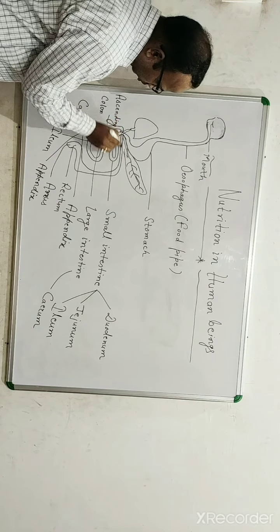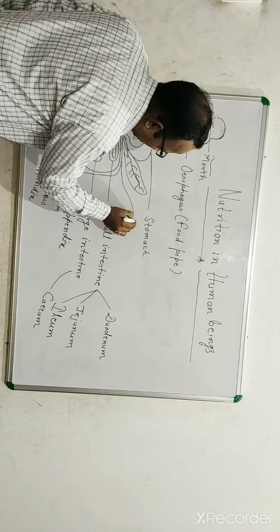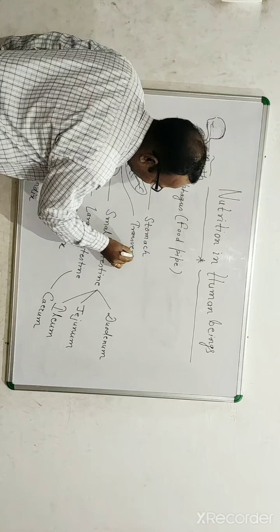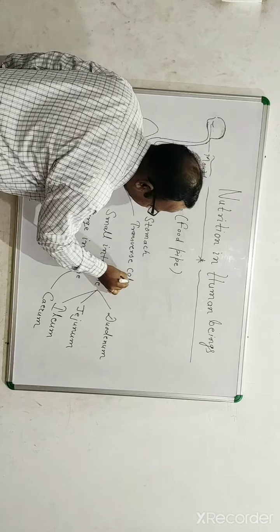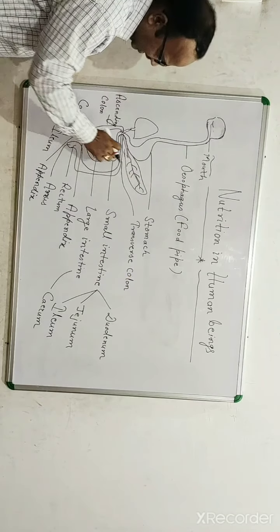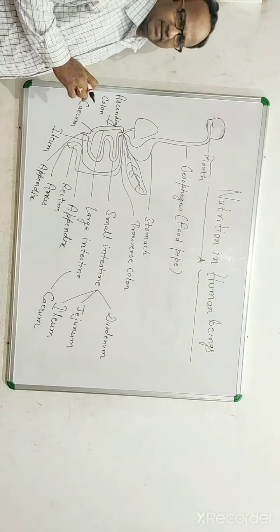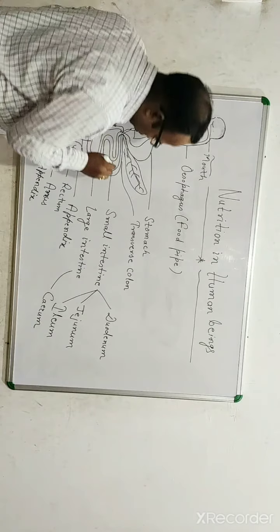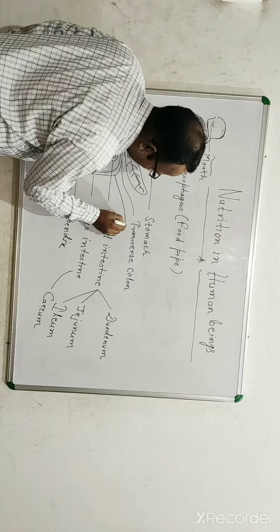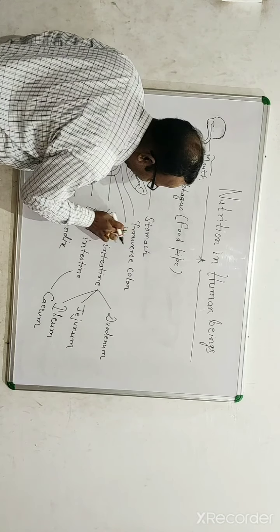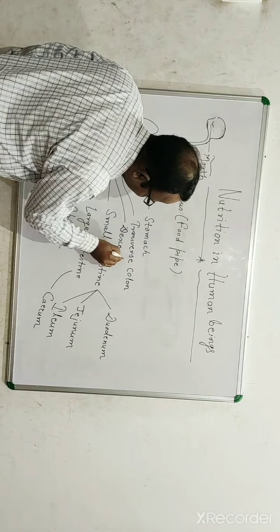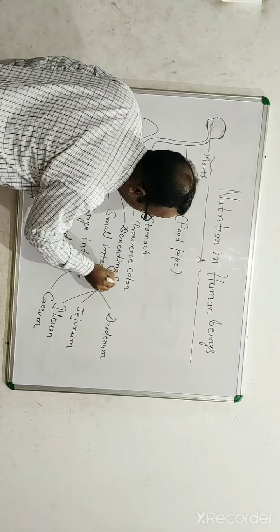This one is called the transverse colon, and this downward tubular part of the large intestine is called the descending colon.